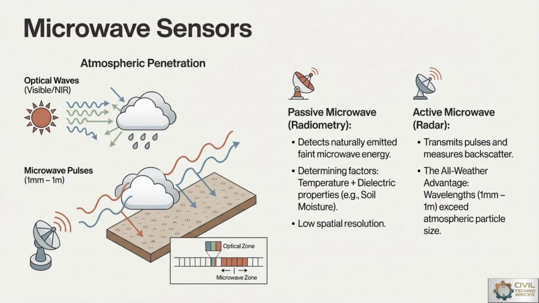Likewise low spatial resolutions are used to take the data, while active microwave sensors are dependent on radar, which is an advancement where the pulses are transmitted and the backscattering effect is also measured. There are all-weather advantages for radar because wavelengths are from 1 millimeter to 1 meter, which exceeds atmospheric particle size.